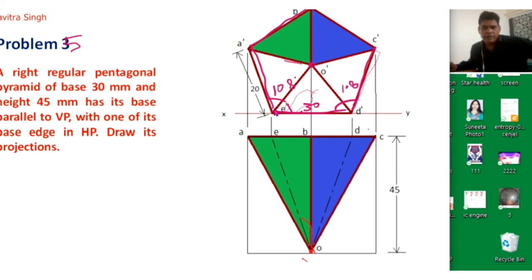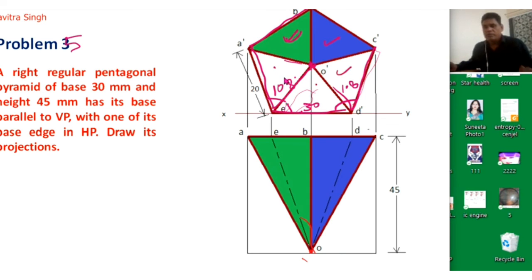Then we will connect this point to this point, D dash to O dash, C dash to O dash, A dash to O dash. So actually this is one surface from the side view when we see from the front. So this will be one surface, this will be second, third, fourth, fifth.